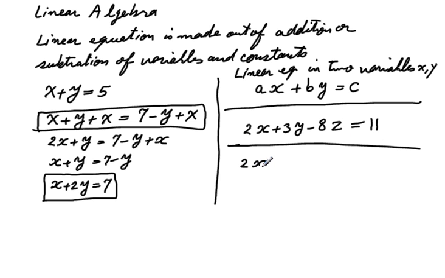I can use indexed variables like this: 2x1 plus 3x2 minus 8x3 equal to 11. So 1, 2, 3 that shows up here is we are just ordering our variables, calling them item number 1, item number 2, or item number 3, and so on.